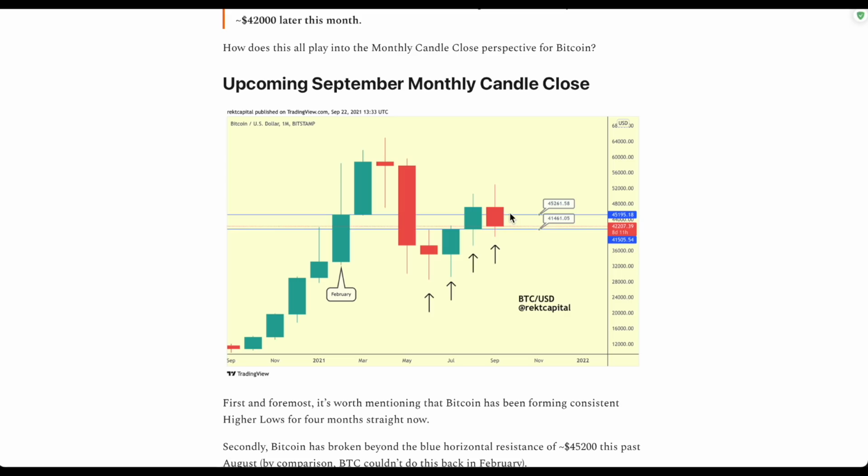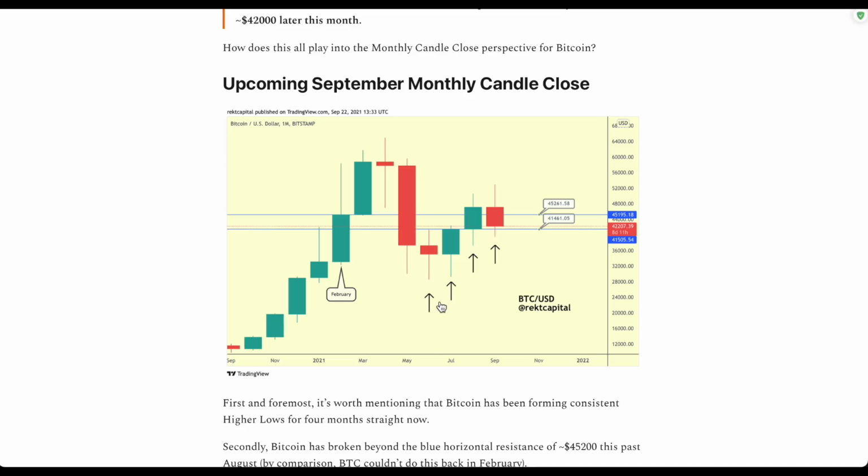That being said, we've broken back above the resistance in February, but we're actually retesting the top of the June and July resistances. So essentially turning these two resistances into a support last August, as you can see here, and into a support this month as well.